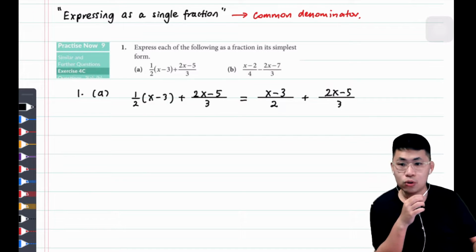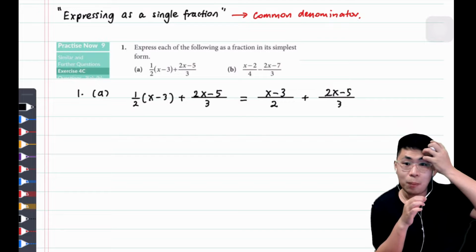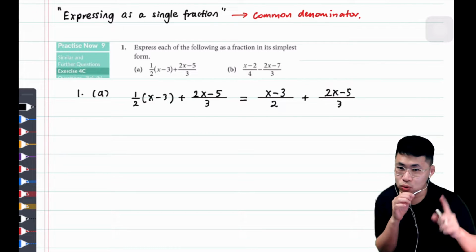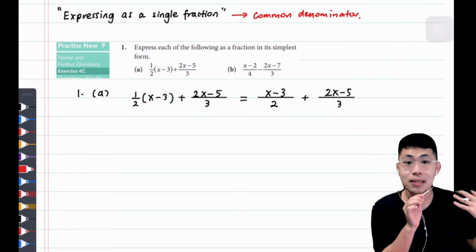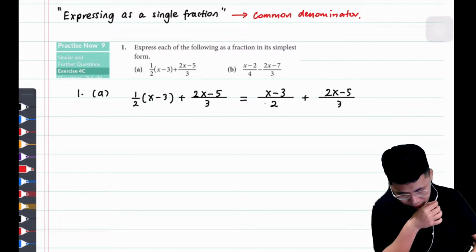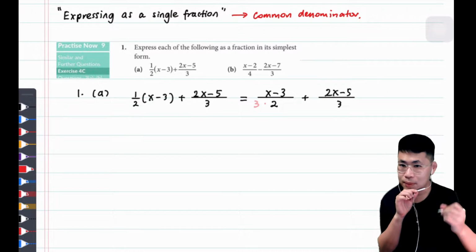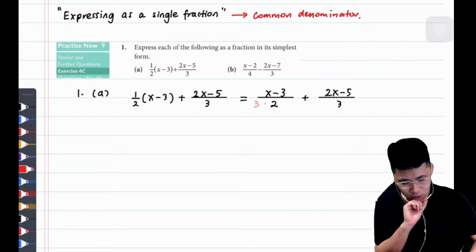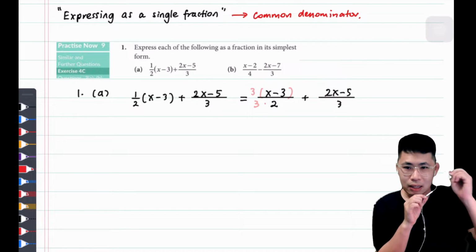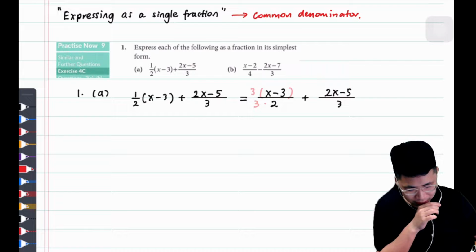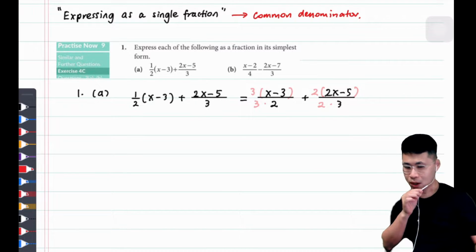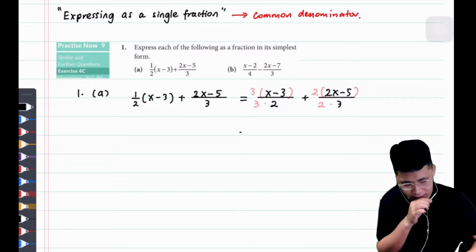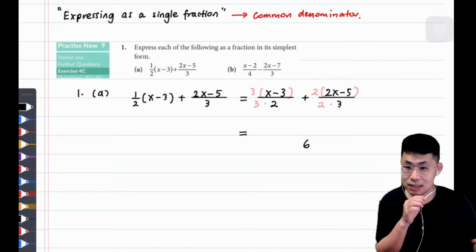The next thing we need to do is find the common denominator. So 2 and 3 can become 6, 2 times 3. The dot means times. So at the bottom times 3, at the top also times 3. Same for the second fraction, bottom times 2, top also times 2. So at the denominator, we're going to get 6.